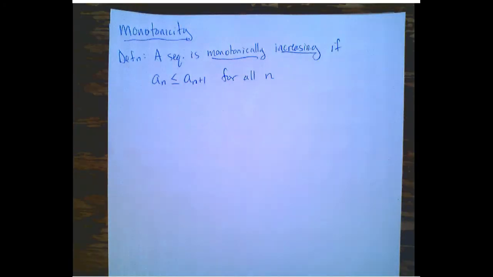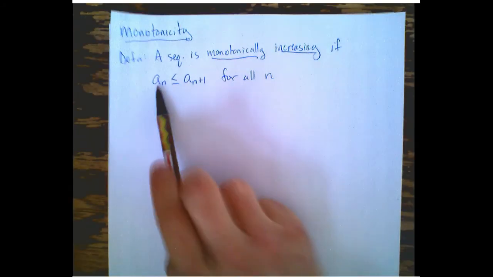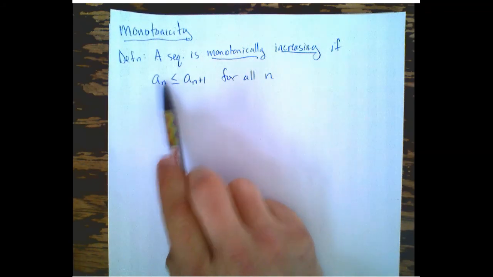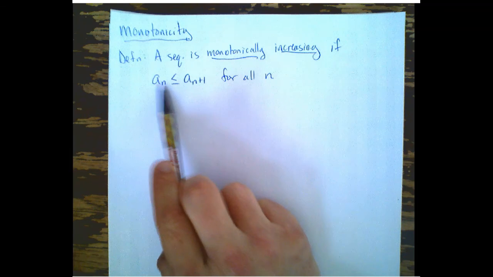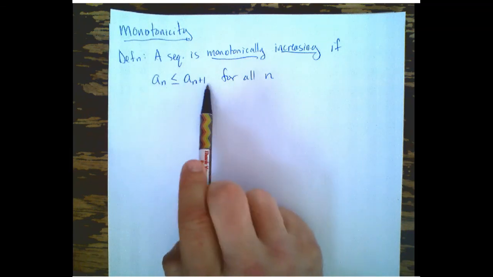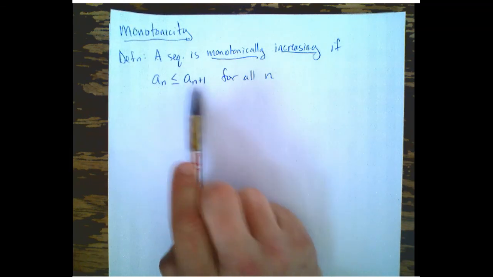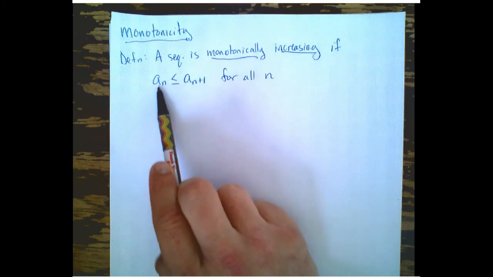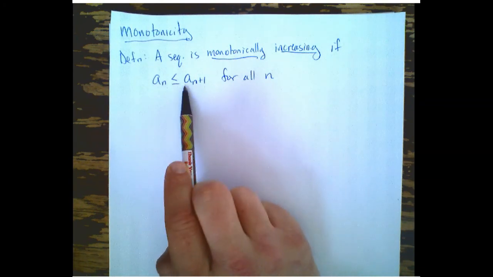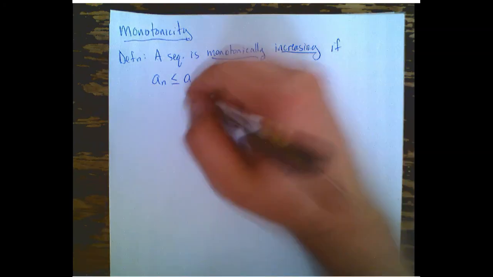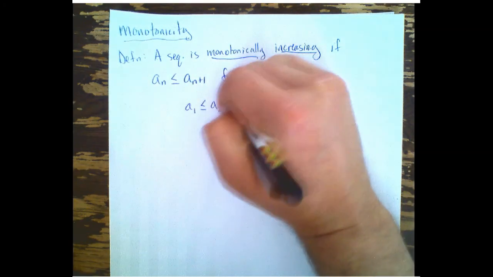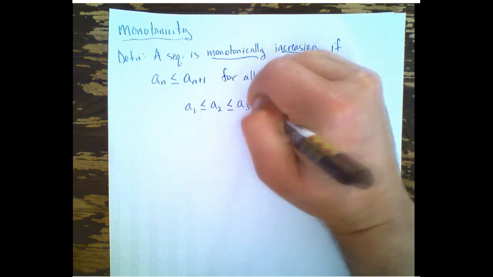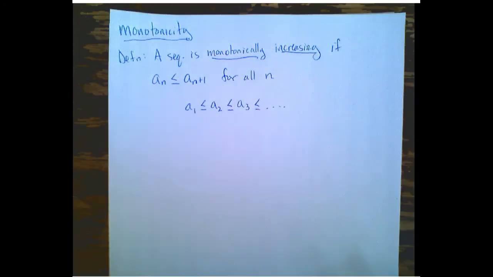Okay. So let's think about what this means. This means that the terms in succession, like if we had a1, this would be a2, right? 1 plus 1 would be 2. This would be a5, this would be a6. So all the terms in succession, the previous term is smaller than or equal to the next term. That means that a1 needs to be smaller than or equal to a2, which needs to be smaller than or equal to a3, and so forth. Okay?